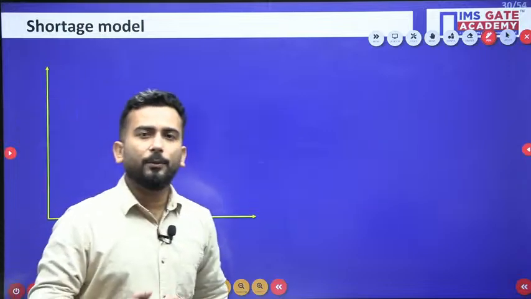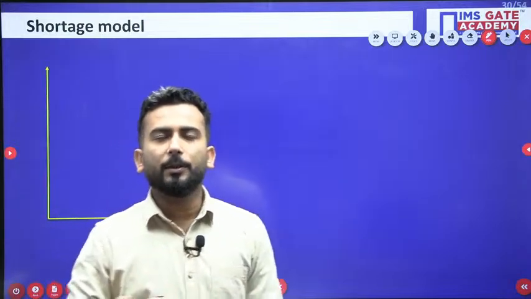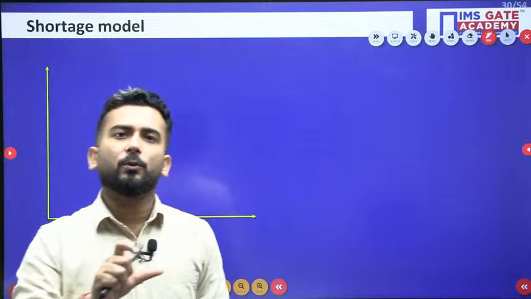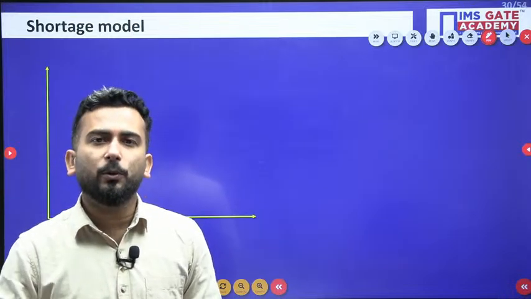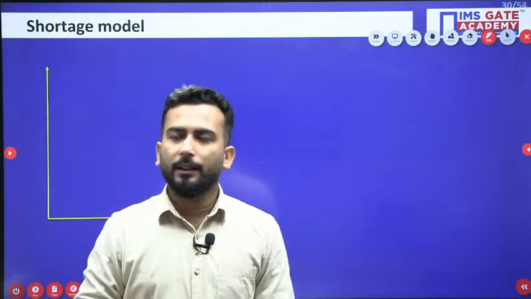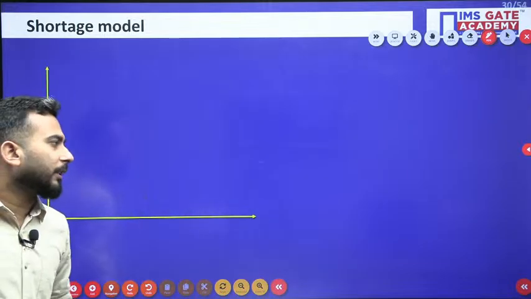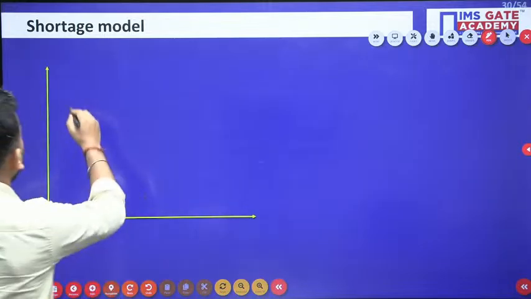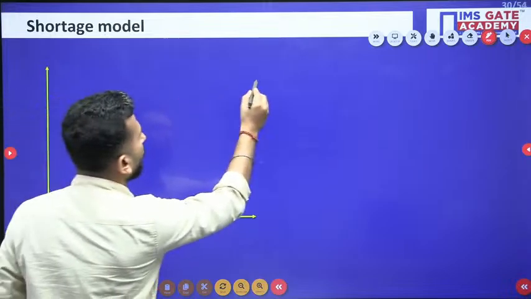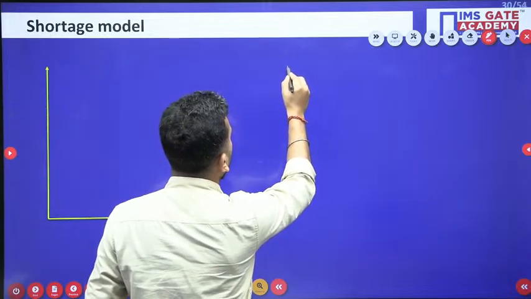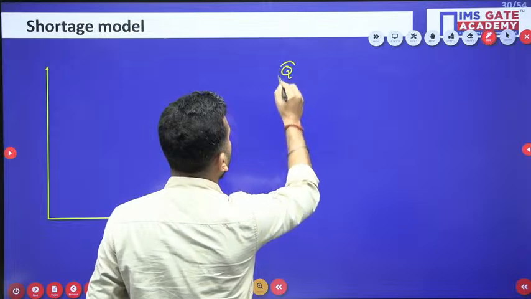Yesterday when we learned the infinite replenishment model, we assumed that there is no shortage, but now we have to assume that there is shortage. So let us see how this model works. Let's say you have ordered Q units.